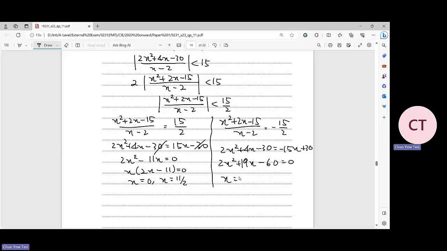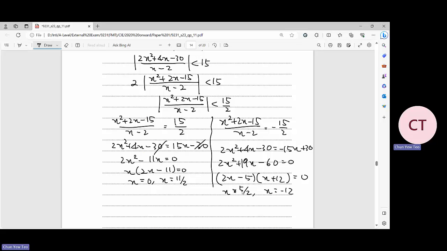If you cannot factorize it, then we just need to use the quadratic formula. If you can factorize it, then it will be better. Over here, we can factorize it. Then you'll get x equal to 5 over 2 and x equal to negative 12.